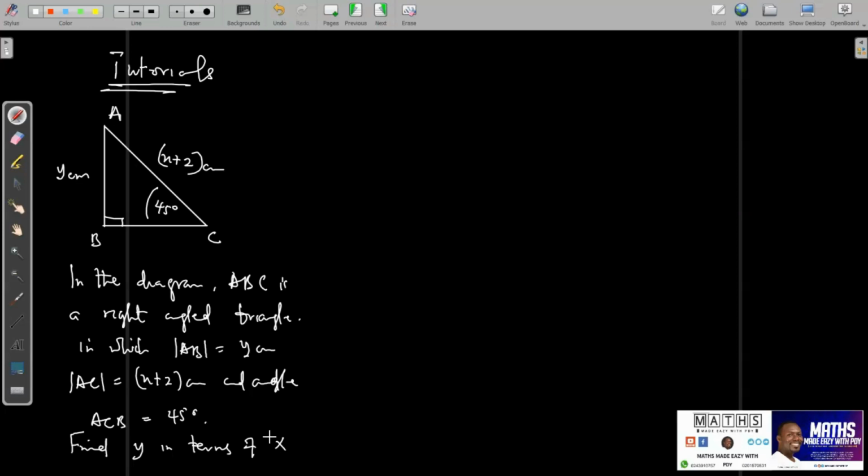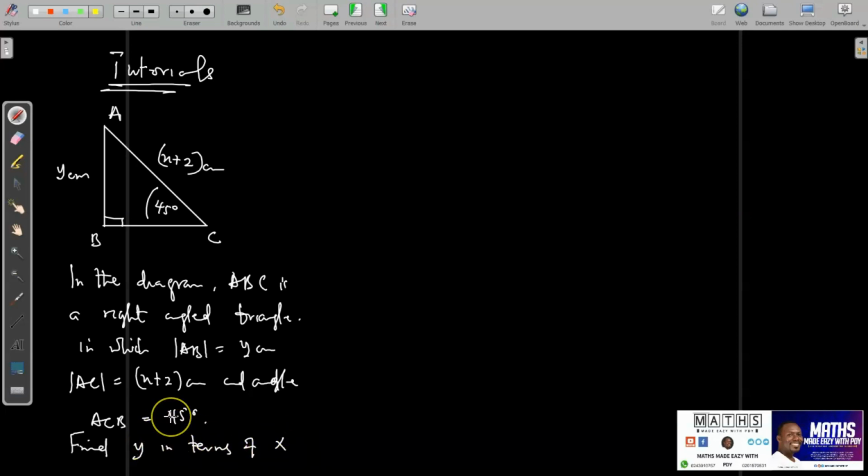What comes into mind? This is the diagram we have on board. How do we find Y in terms of X? In other words, what does it mean? Yes, any idea? I believe this is not the first time you've heard of find Y in terms of X. What does this language mean?